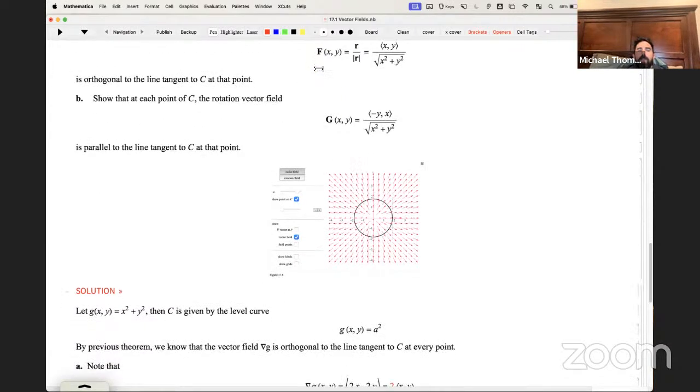So I'm going to let G be x squared plus y squared. Now we've got this elliptic paraboloid that's cup-shaped up. It's got a vertex at the origin in 3 dimensions. And what you should notice is that if we set the surface equal to a squared, then that's a level curve of the surface.